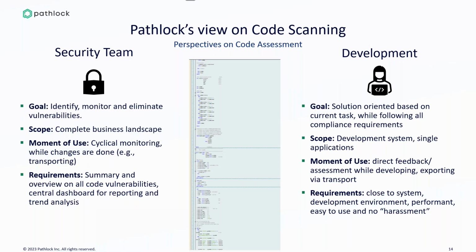The development team is most likely only interested in their development system, and they are more focused on single applications, not on the big picture. What is the moment of use? When do they want to use it? Directly when they are developing, or at least at the end when the transport is exported.